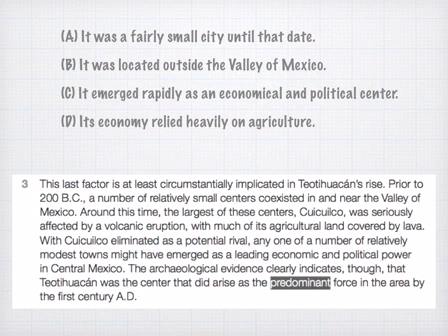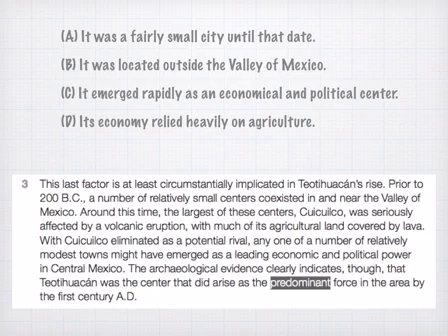And the largest of these centers, Quilquilco, was in and near the Valley of Mexico. There's really not much evidence here to support the idea that Quilquilco was located outside the Valley of Mexico. So I don't think that we can use B as an answer here.